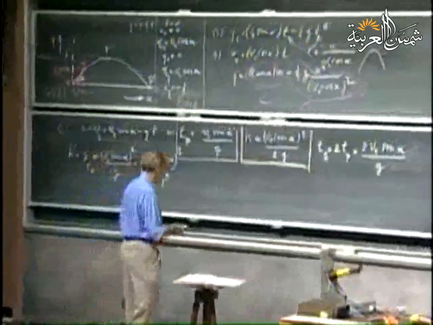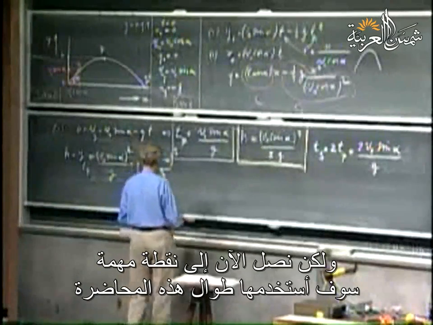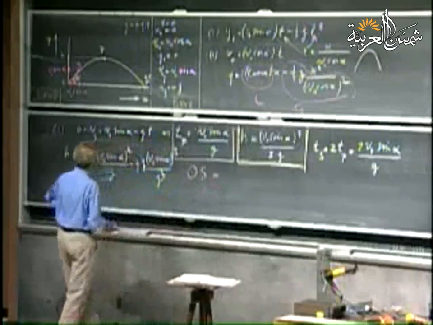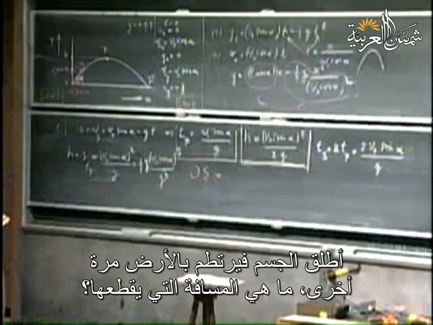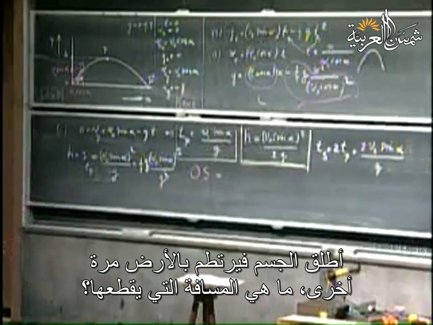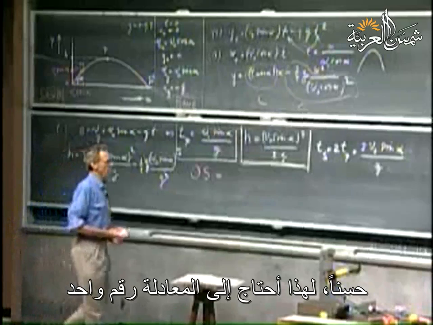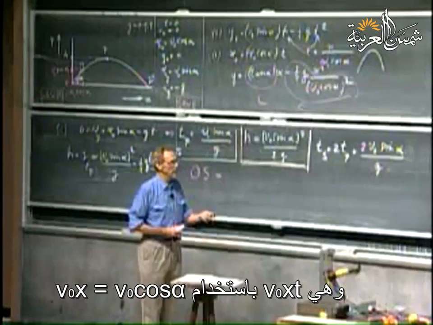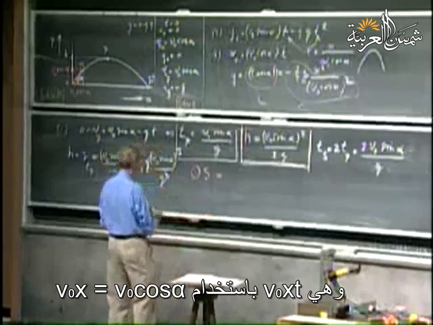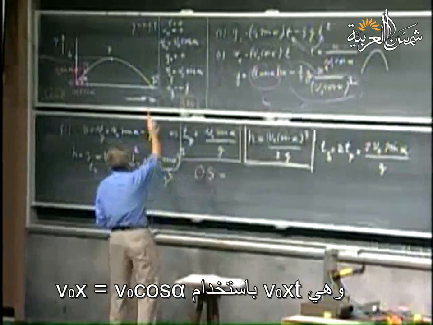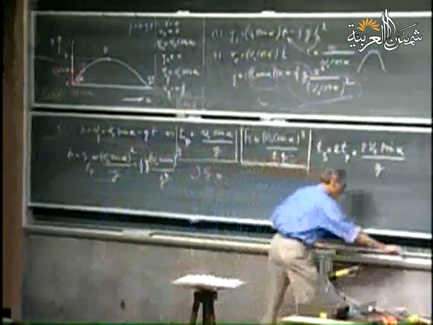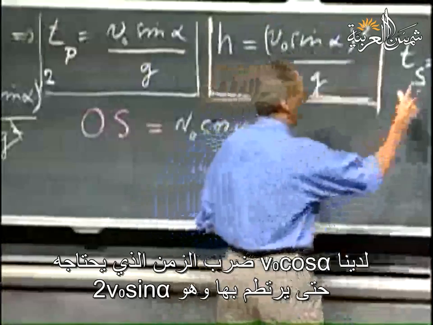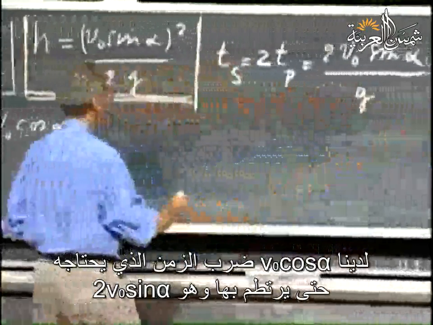But now comes an important point which I'm going to use throughout this lecture. I want to know what OS is, the distance OS. I shoot it up and it hits the floor again. What is that distance that it travels? Well, for that, I need equation number 1. It is v0x times the time, and v0x is v0 cosine alpha. So we get v0 cosine alpha times the time to hit it, that is 2v0 sine alpha over g.